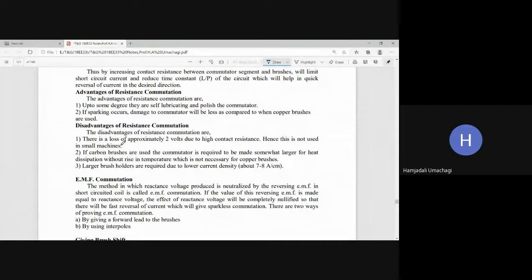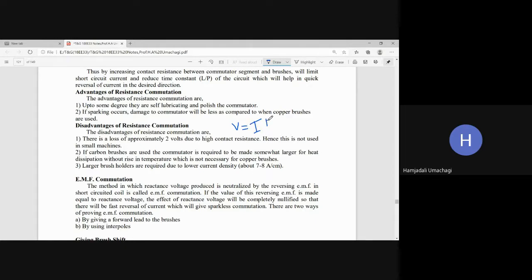Since carbon brushes have high resistance, current is almost constant, but resistance is more. So if resistance is more, then what about the voltage drop? V is equal to the voltage drop, V is equal to I into R.